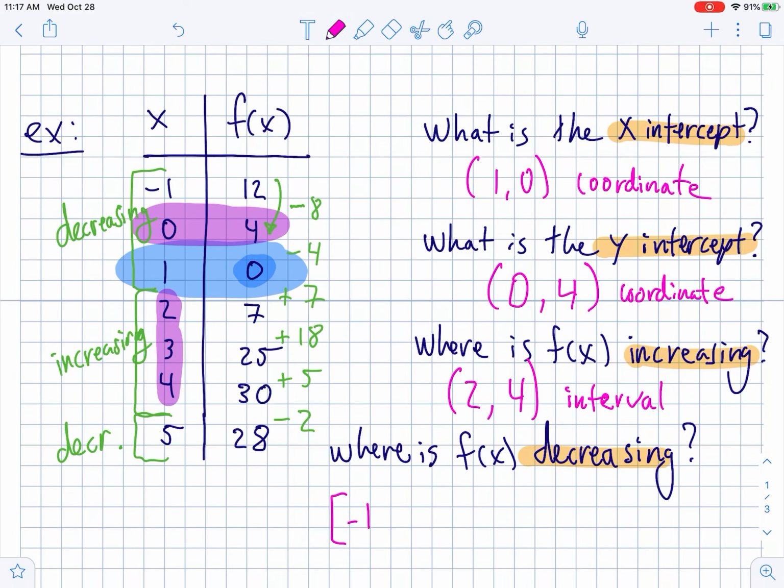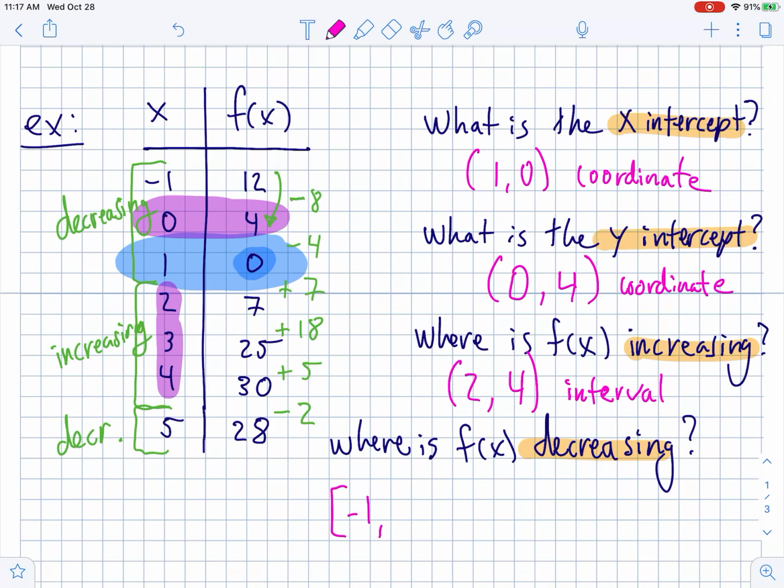Where is f of x decreasing? Oh boy, well there's 2 places where it's decreasing. It's going to be negative 1 all the way up to 1, but then that's a turnaround point. So unionize that with 4 to 5.